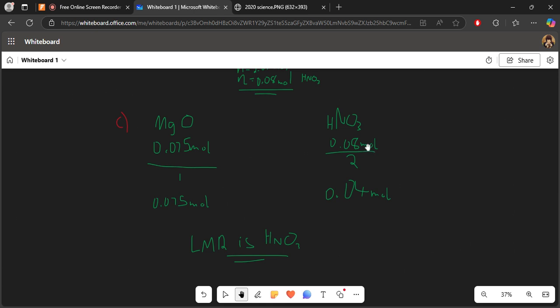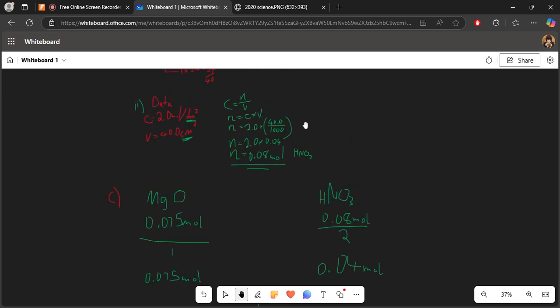So, why is nitric acid the limiting reactant? Well, look at how many moles of magnesium oxide we have. 0.075. If we want this to react with our nitric acid, we need the nitric acid to be in double that amount.